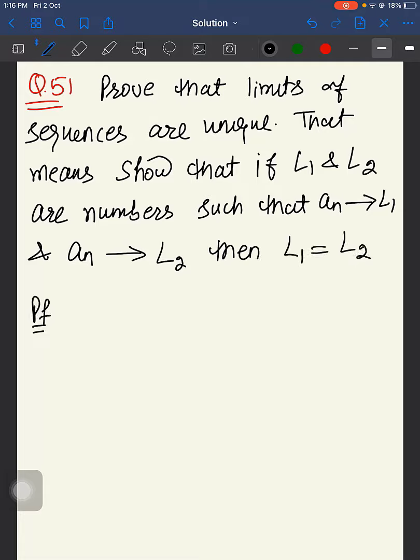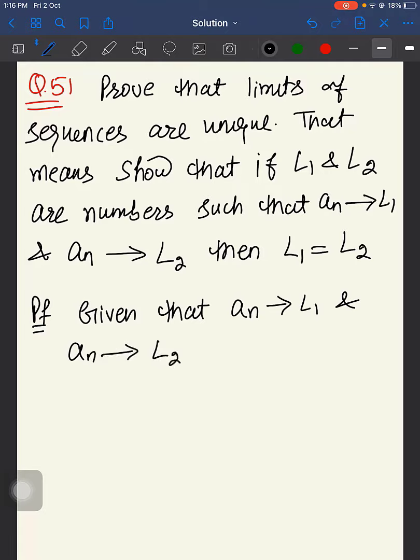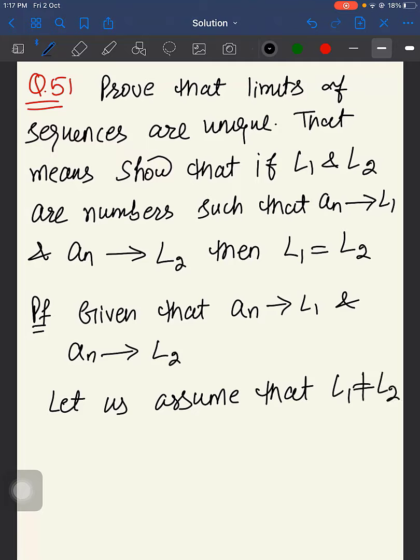So that's very easy. Let's start with this. Now, given that an converges to L1 and an converges to L2, we need to show that L1 is equal to L2. So on the contrary, let us assume that L1 is not equal to L2.